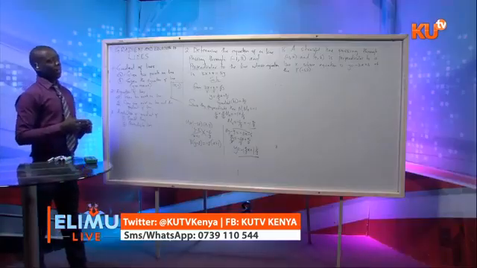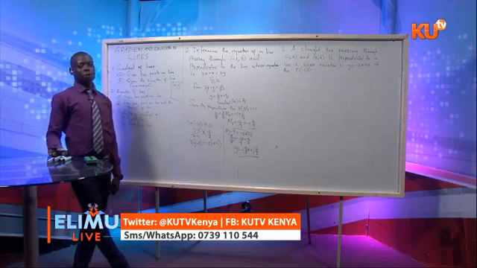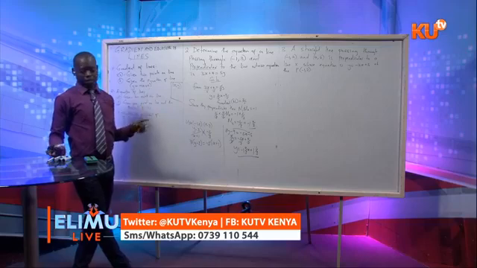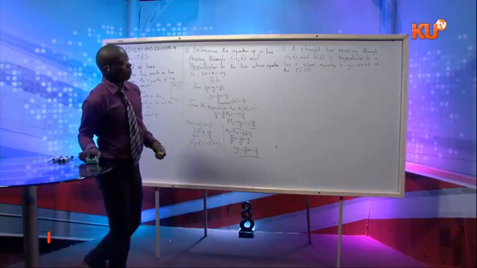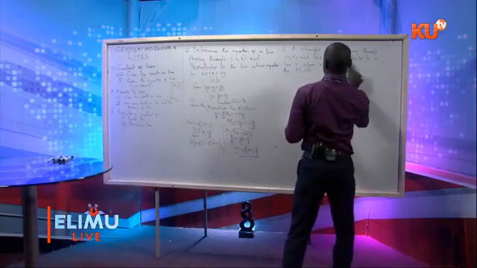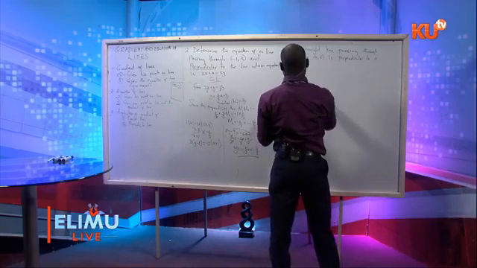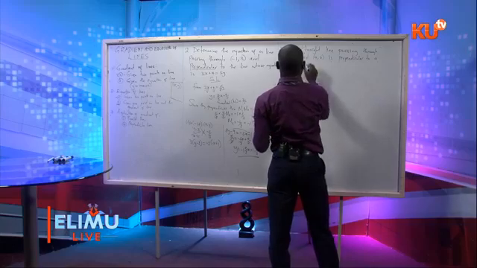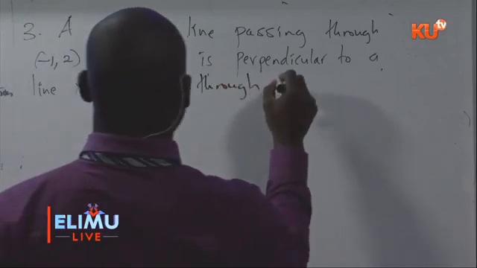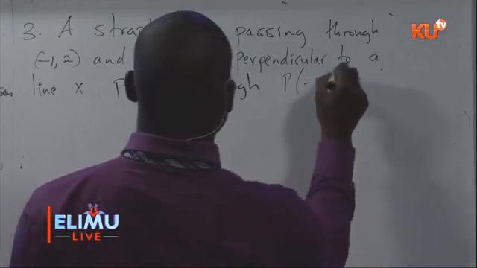So you will see in the way this question has been structured that you've been given 2 points, not the gradient, of a line that is perpendicular to a line x that is passing through the point P, -1, 2.